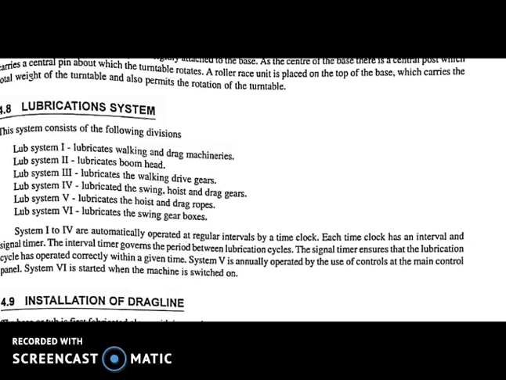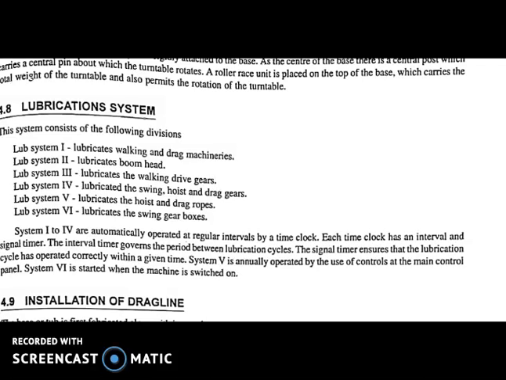Loop systems 1 to 4 are automatically operated at regular intervals by a time clock. Each time clock has an interval and a signal timer. The interval timer governs the period between the lubrication cycles. The signal timer ensures that the lubrication cycle has operated correctly within a given time.